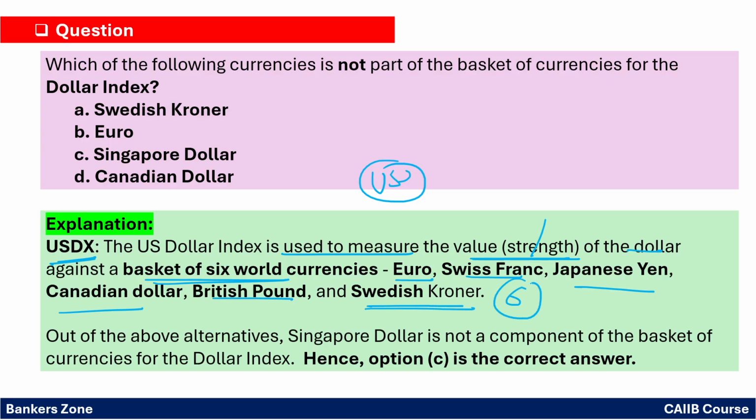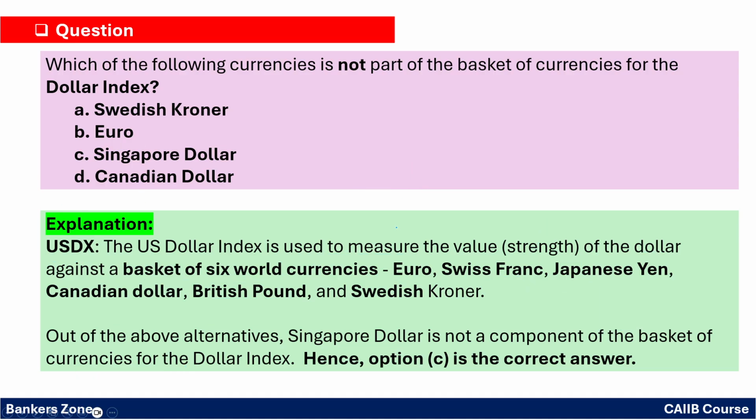These are the 6 currencies in the DX, that is, the US dollar index. Out of the above mentioned, the Singapore dollar is not a component of the basket. So you have to mark option C. Right? So remember, the 6 currencies in the US index basket are the euro, Swiss franc, Japanese yen, Canadian dollar, British pound, and the Swedish krona. However, Singapore dollar is not a part, so you have to select option C.